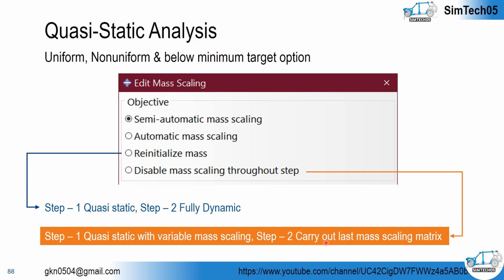So whatever last mass matrix you get from step one will be carried into step two, and throughout step two it will remain constant. It will not be modified, but still there is mass scaling. If you want to remove the mass scaling, then you have to utilize the reinitialize mass option.